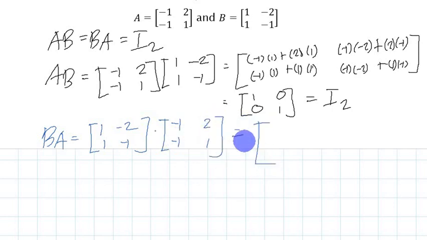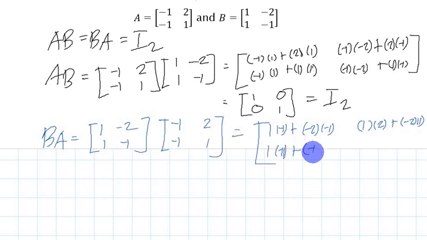Which would mean we'll have 1 times negative 1, added to negative 2 times negative 1, and I will have here 1 times 2, added to negative 2 times 1. Then I'll have here 1 times negative 1 plus negative 1 times negative 1. Then I'll have 1 times 2 plus negative 1 times 1.